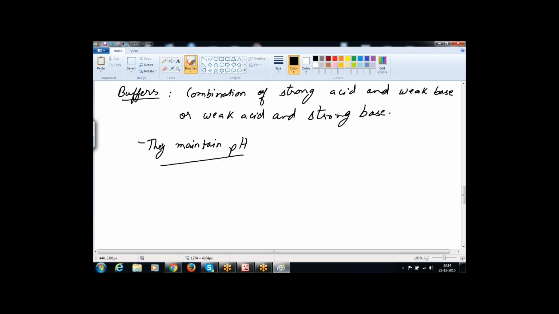They will not let the pH change. Similarly, let's say we drink something very alkaline, or there are some medicines we have taken which are very alkaline. Still, the buffers will come in, they will play the role, and they will maintain the pH. And chemically the buffers are a combination of strong acid and weak base, or weak acid and strong base.